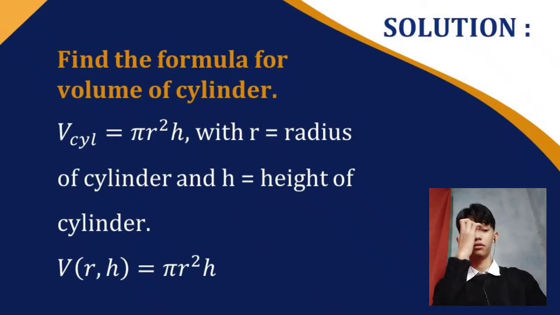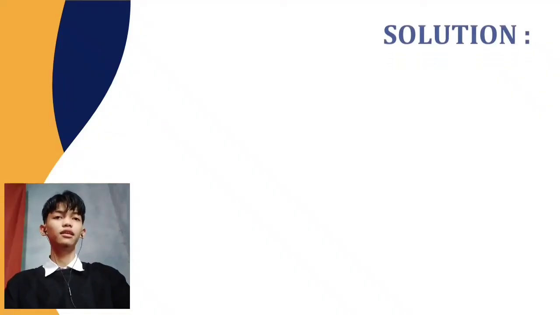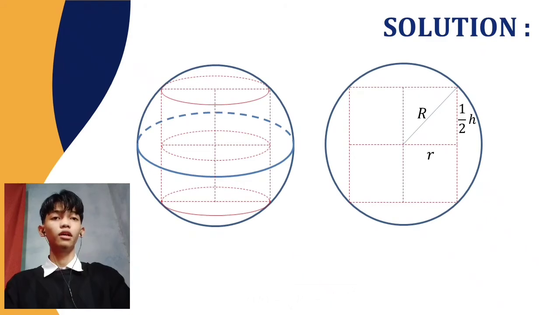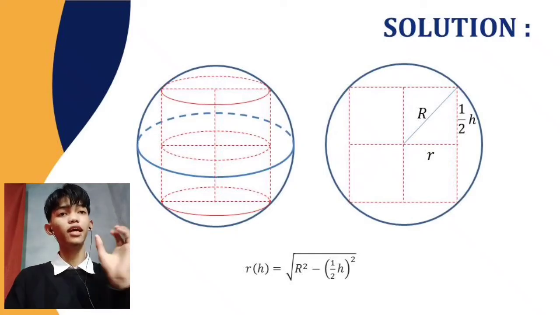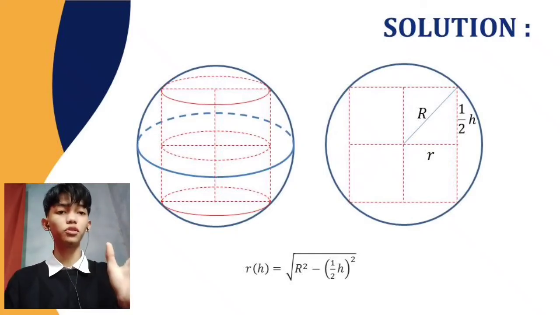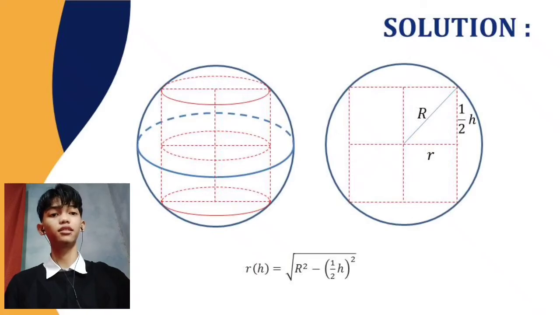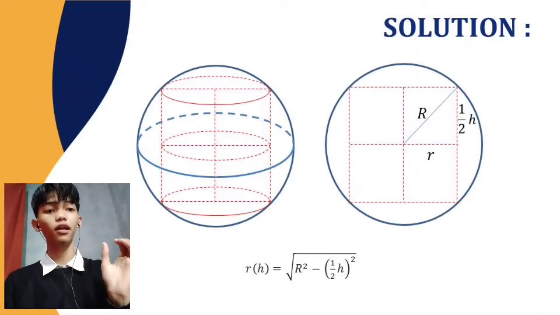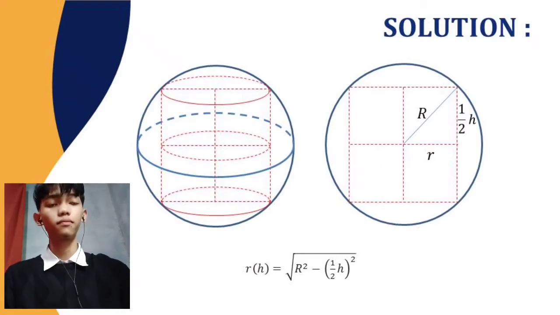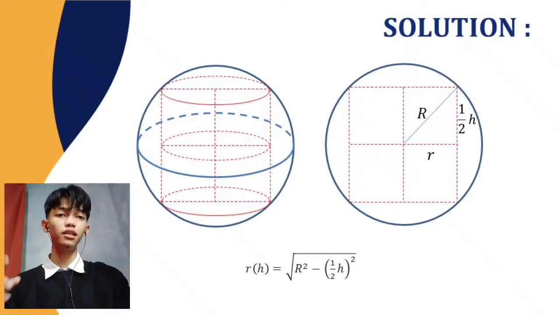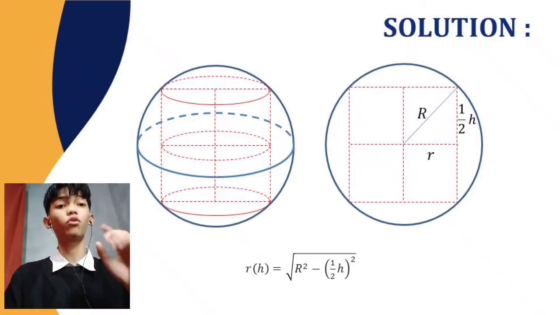But don't worry, let's see the picture. On this picture, if we change the size of h, then the r is also changed, but it doesn't change the size of R. Yes, if we change h, r is changed, but capital R is not changed. So we can see capital R as a constant.